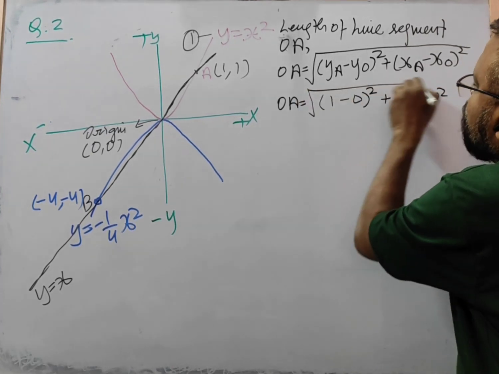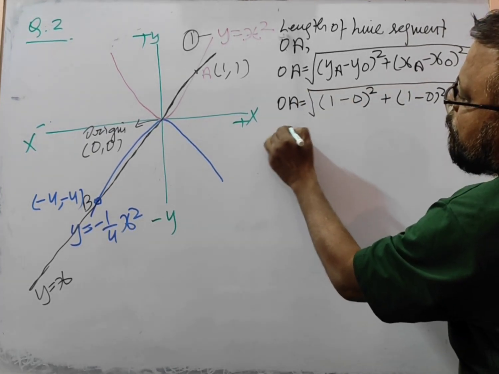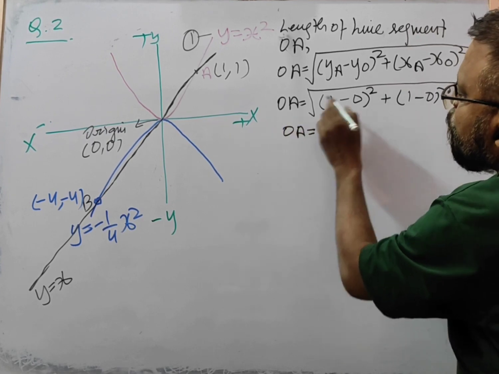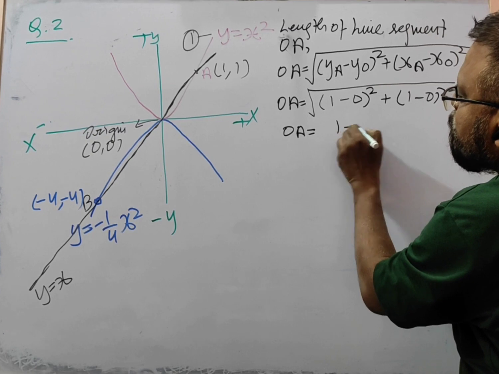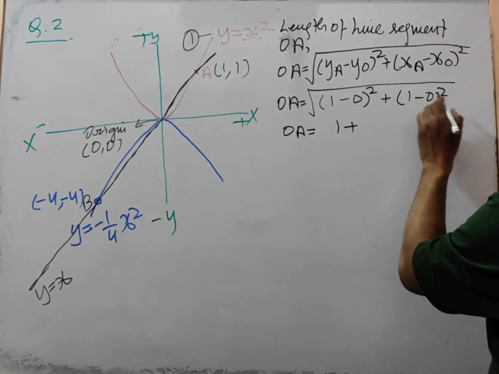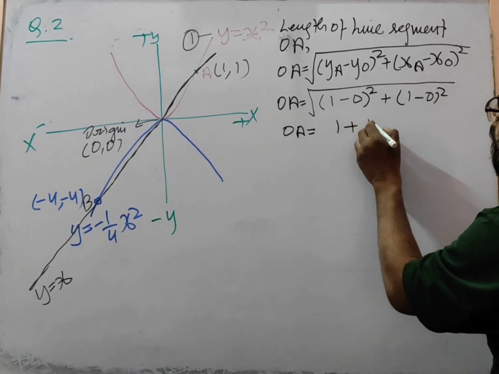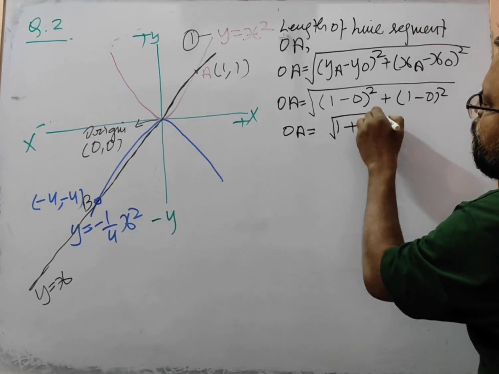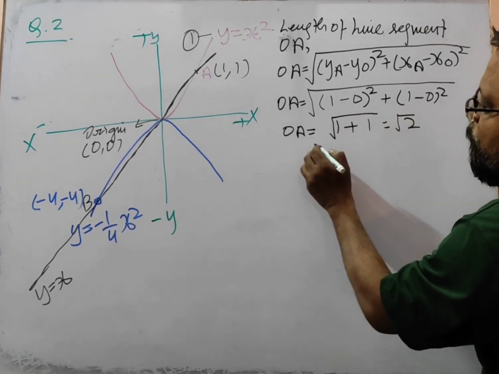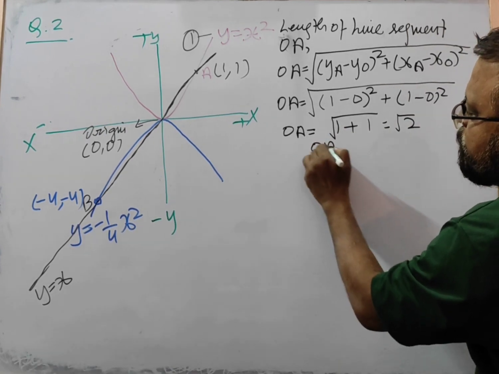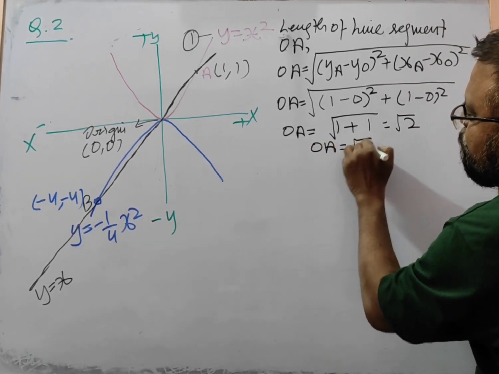So 1 minus 0 is 1, 1 square is 1, plus 1 square is 1, so we get square root 2. So OA is equal to root 2. Got it?